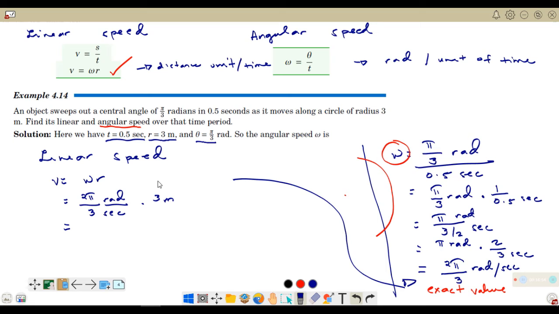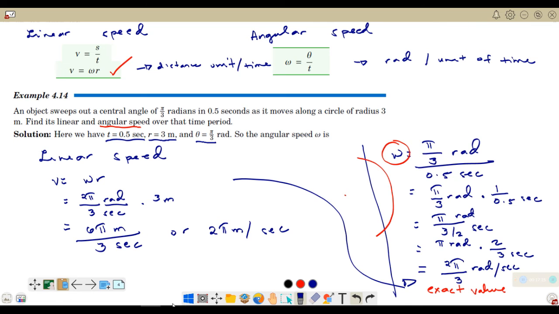So 2 pi times 3 is of course 6 pi meters. So since wala namang unit talaga si radians, pwedeng dito na tayo mag-settle sa meters over 3 seconds. Or, since 6 is divisible by 3, divide na natin siya, we have 2 pi meters per second.